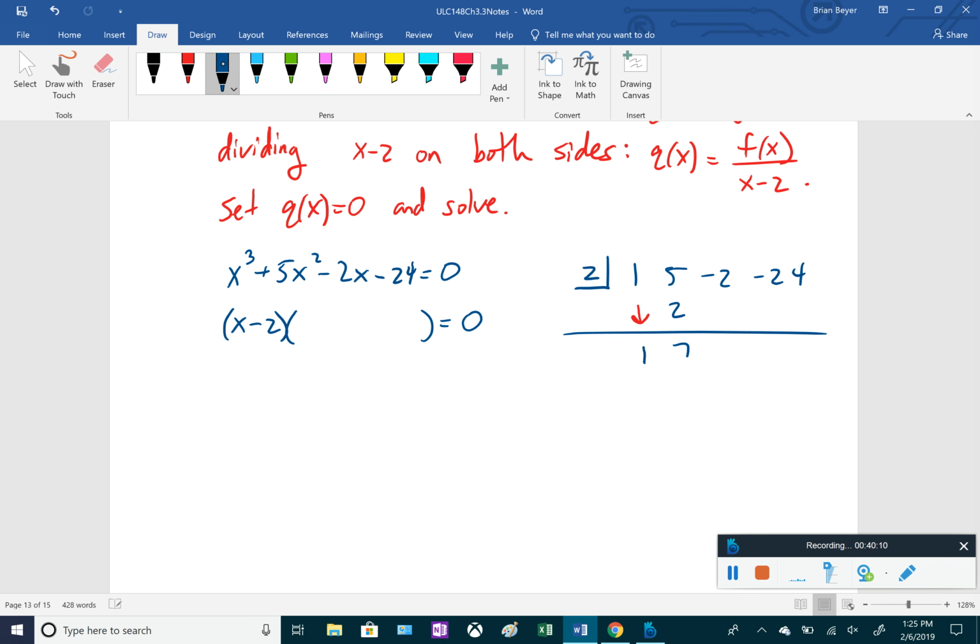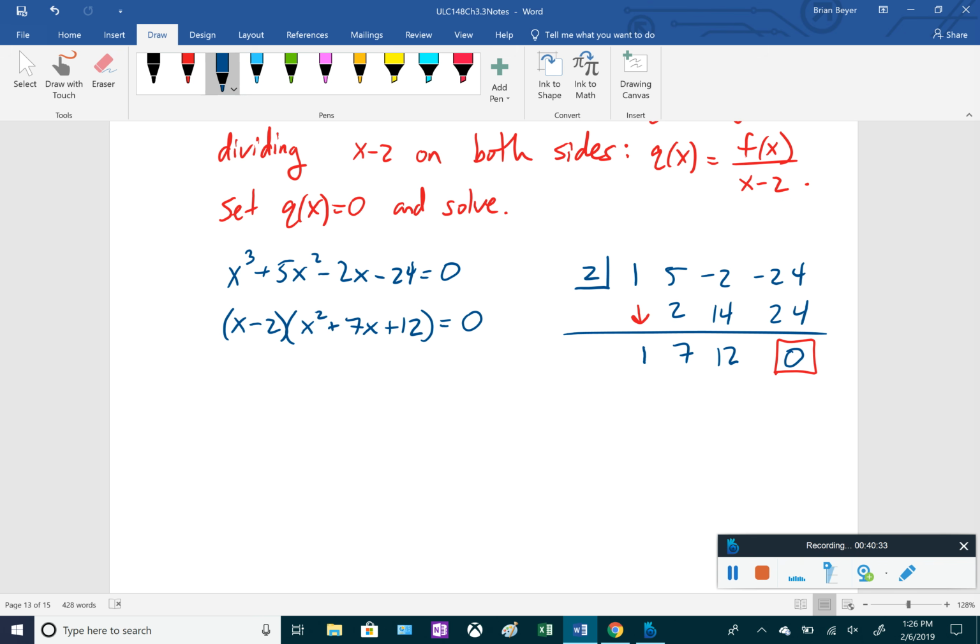2 times 1 is 2, add down 7. 2 times 7, 14, add down 12. 2 times 12, 24. Add down, we get 0. So that's the remainder. So that means our quotient is going to be 1x squared plus 7x plus 12.